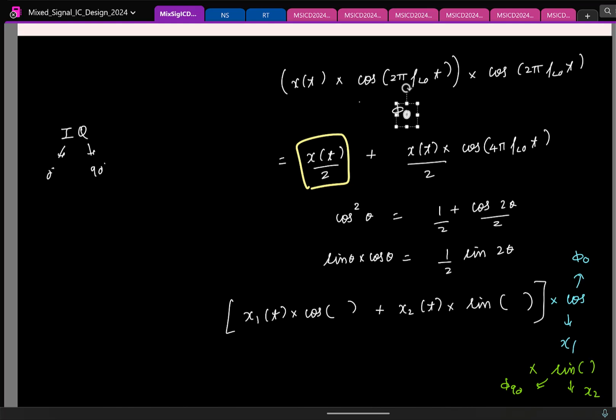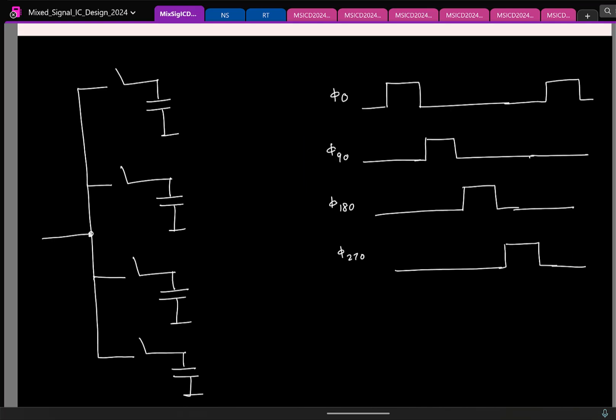So yeah, this is done, and now if you see, if I have 4 parts here, I'm automatically getting the 90 degree thing. So in the earlier case, I had 0 and 180 and I called this the differential output, right? Now with 0 and 180 I will be getting the in-phase part, correct?